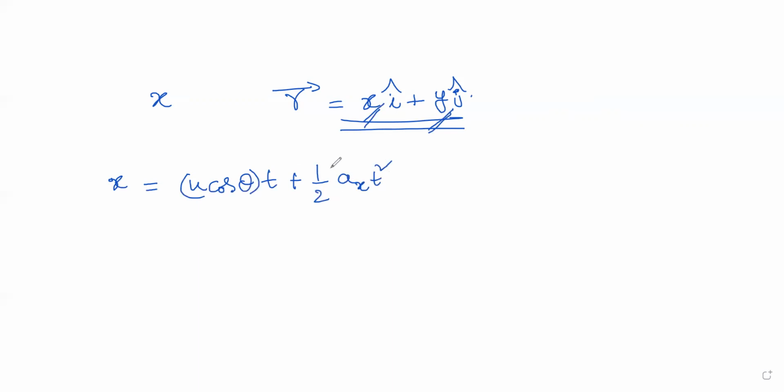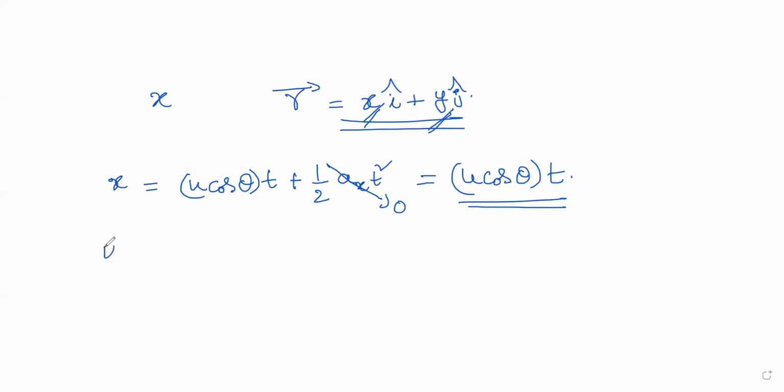But there is no acceleration in the x direction for a projectile, since horizontally you don't have gravity, so the acceleration is 0 in the x direction. So you know this very well, that it is u cos theta times t. All of you must know these projectile motion basics. This is the displacement in the x direction after a time of t.